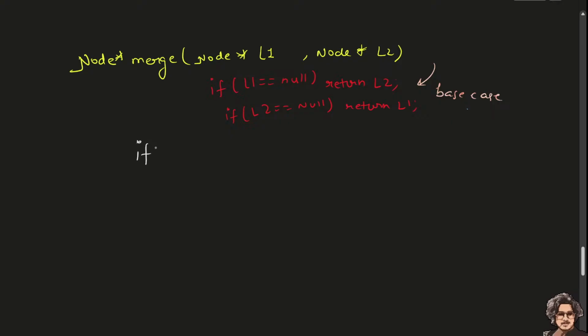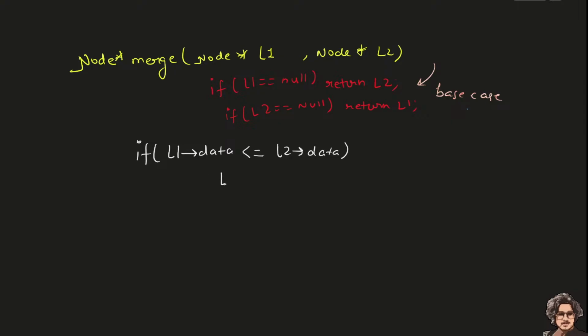If condition: if list one data is less than or equal to list two data, we have to check. In that case, we call the merge function.